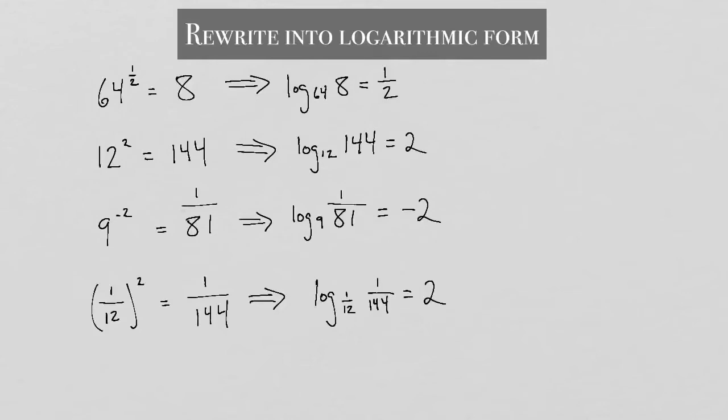So the reason why we're doing these is that when you're doing the logarithm, let's say I had log base 64 of 8. The reason we're doing this is because we usually don't know what the exponent is. In your calculator, you'll type in log base 64 of 8. That's saying you have base 64, but the exponent, you're not too sure what it is.